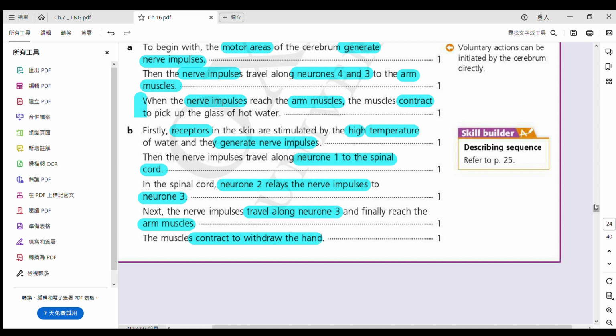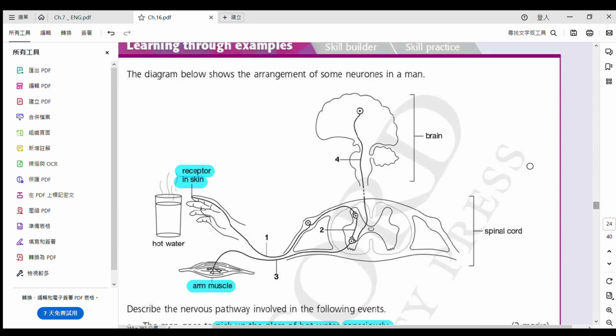Alright? So if your memory is good enough, 我想上去再講多少少嘢啊。So if your memory is good enough, you remember that when we talked about the withdrawal reflex earlier, 當我哋講到呢個退縮反射之前嗰陣時咧 so you know that there is another neuron going up to the brain.